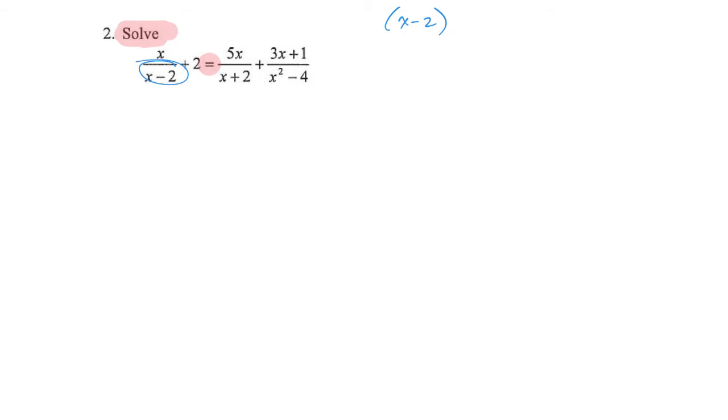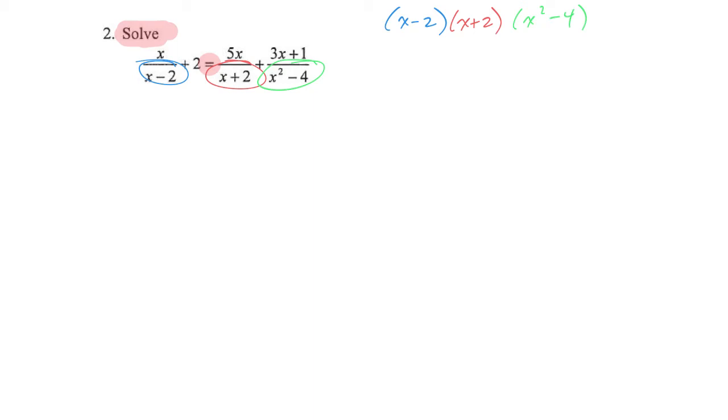To get rid of this divide by x plus 2, I would need to multiply by x plus 2. And then to get rid of this divide by x squared minus 4, I would have to multiply by x squared minus 4. I would be 100% correct if I did that. That would eliminate all of my divide bys and I would have no fractions.